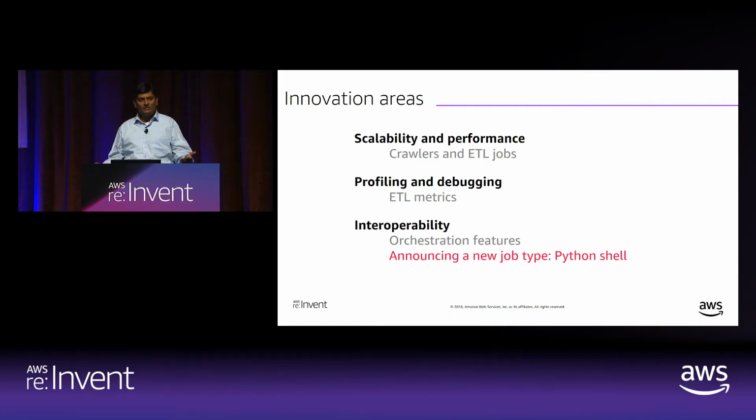We're actually revealing metrics on how the jobs are run so that you can profile them and optimize them. And then finally, we've added a number of interoperability features to make Glue work well with all of the other services outside of Glue. And today, I'm going to be announcing a new job type called Python Shell that actually enhances the interoperability that Glue provides.